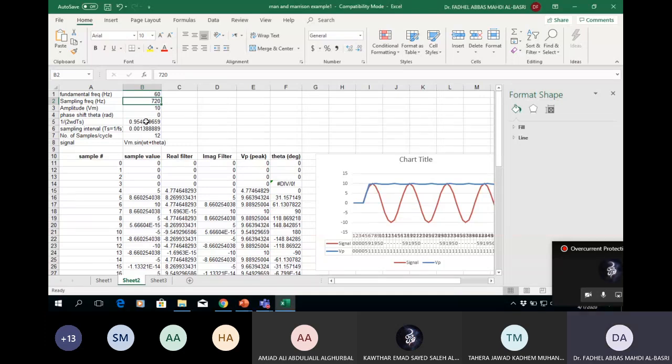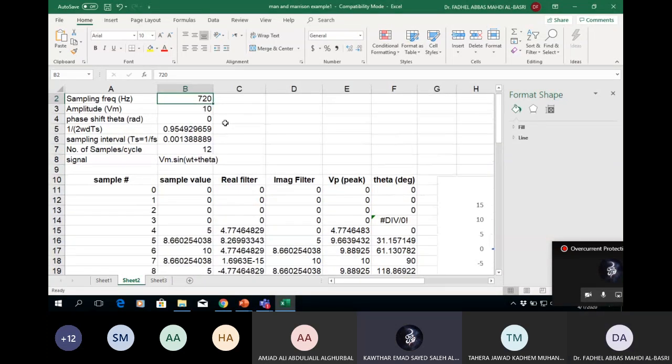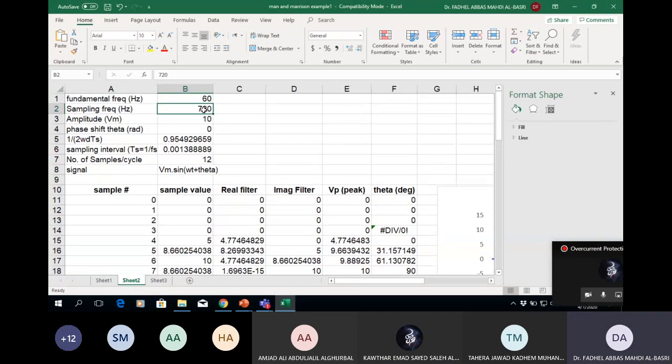Is it clear for you? Okay. So sampling frequency 720 Hertz. Amplitude, suppose I have a signal of peak 10. I want to estimate that 10. And the phase angle, I assume it is zero. There is no phase shift in the signal.